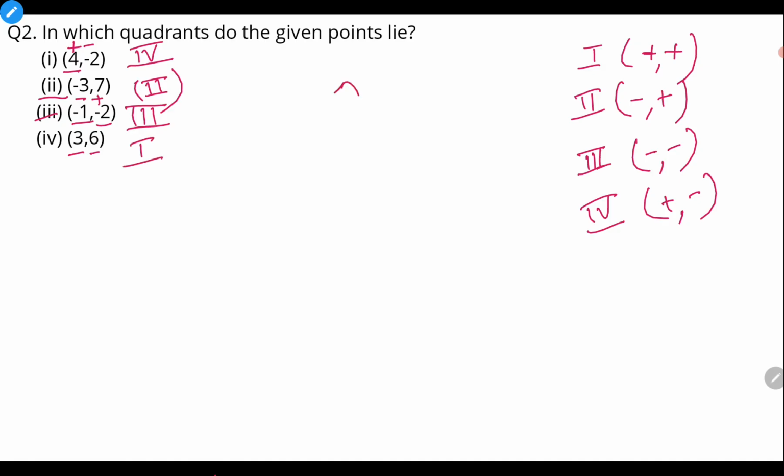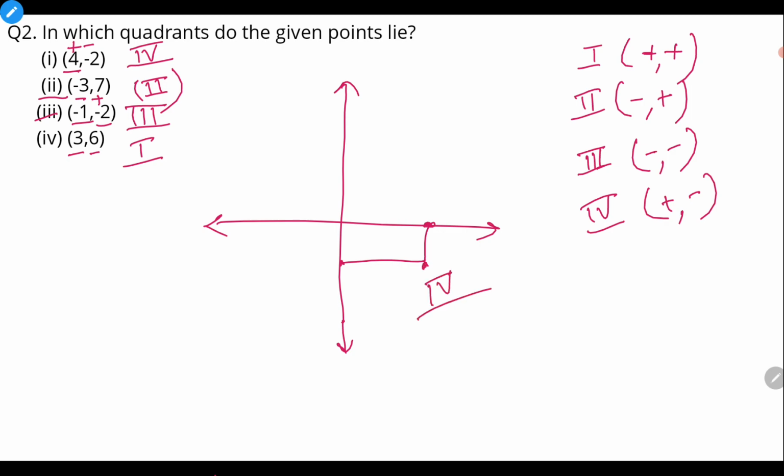Okay, you can also do this simply by seeing where they will lie. Like 4 will always be on this side, and -2 will be on this side, suppose. So this point will lie here somewhere in the fourth quadrant. For -3 and 7, -3 will be here somewhere, and 7 will be up somewhere here.